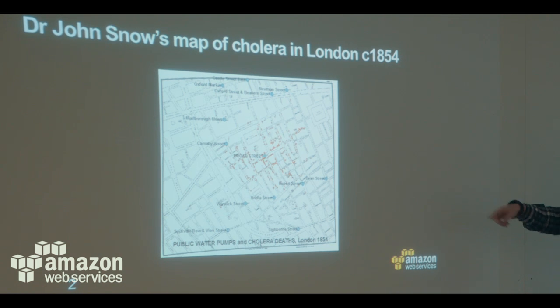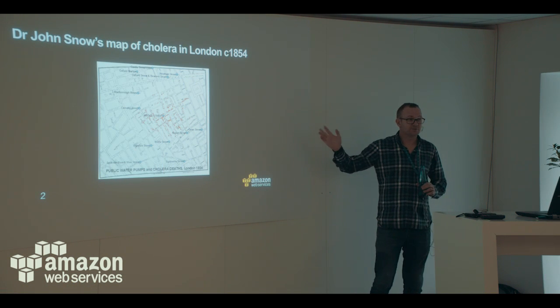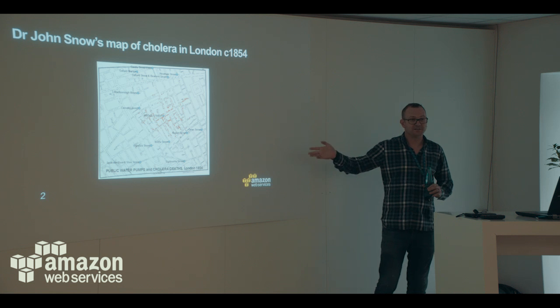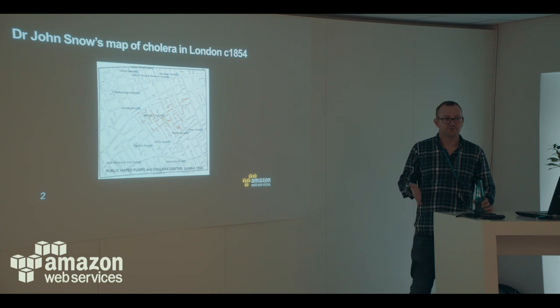Dr. John Snow was the guy who figured out that cholera was getting spread by water wells in London, a couple of hundred years ago. 1854, in fact. He figured out that disease is spread by microbes, and that the microbes were living in the water wells.